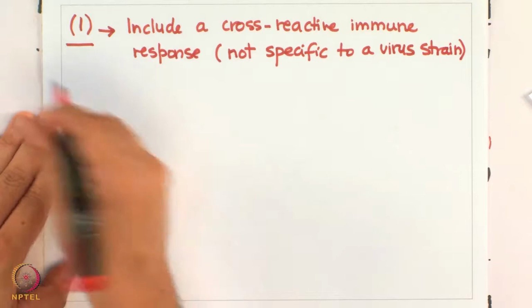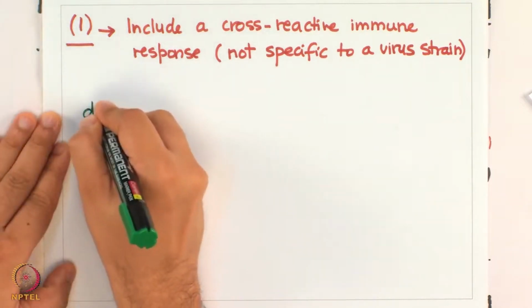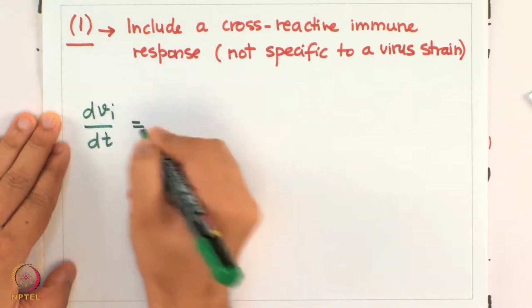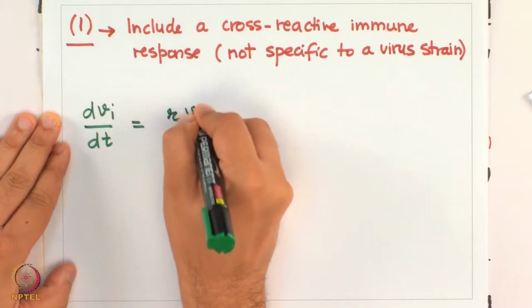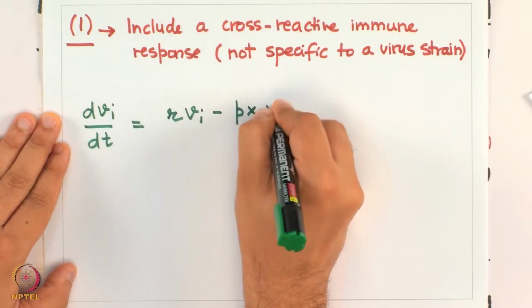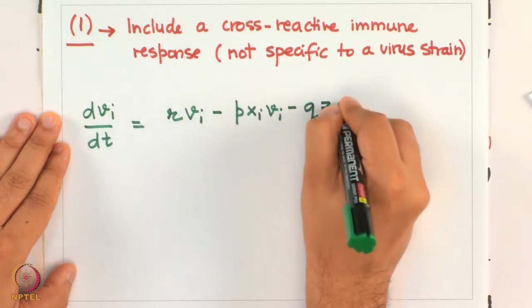And the way we do that is we slightly edit our equations to incorporate this fact. We say dVi/dt is just equal to R times Vi minus P times Xi Vi minus Q times Z Vi.